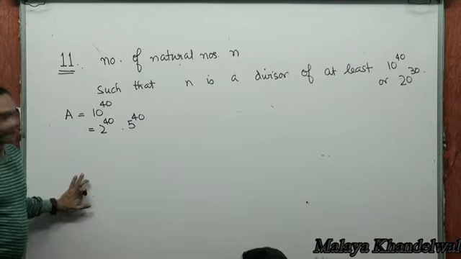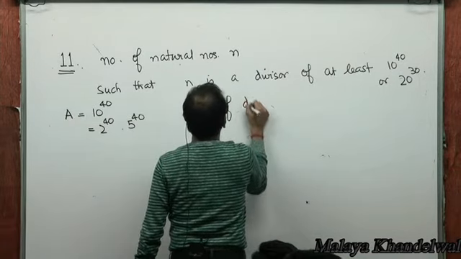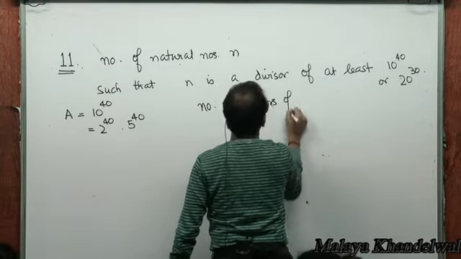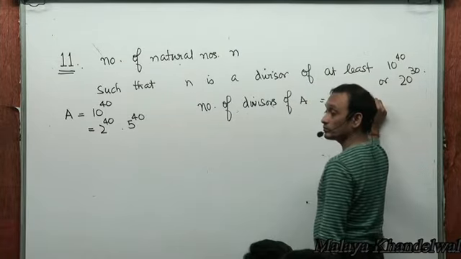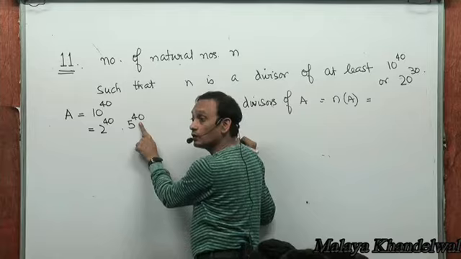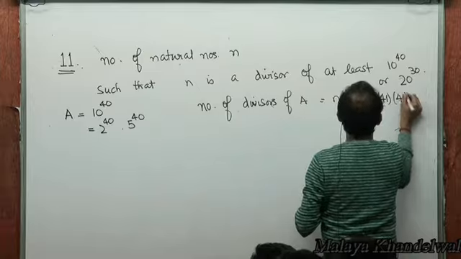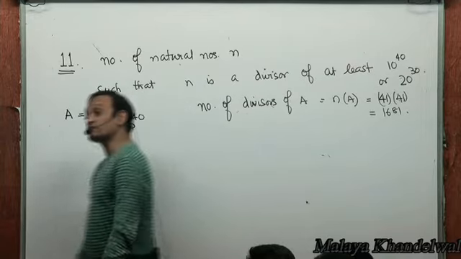Now, the number of divisors of A, NA, is 41 into 41, which is 1681.